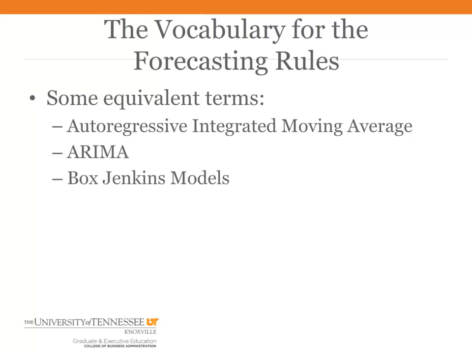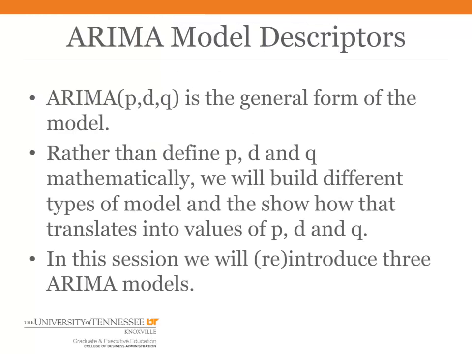ARIMA models are also referred to as Box-Jenkins models. Any particular ARIMA or Box-Jenkins model that we're going to be using can be described using three numbers. The triplet of numbers is P, D, and Q, and ARIMA(P, D, Q) is how I name a particular model.